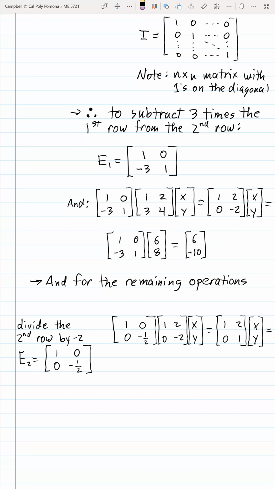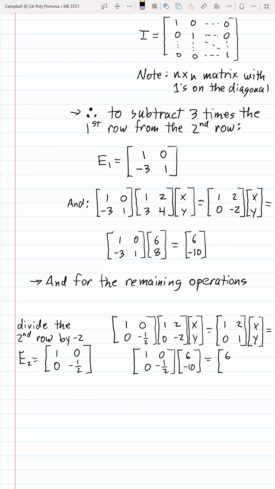So now I need to do exactly the same with the right-hand side. 1, 0. I need to left multiply by this elementary matrix. And I have 6 and -10. Clearly, multiplying through by the first row, that's just going to give me my 6 back, just like it did before.